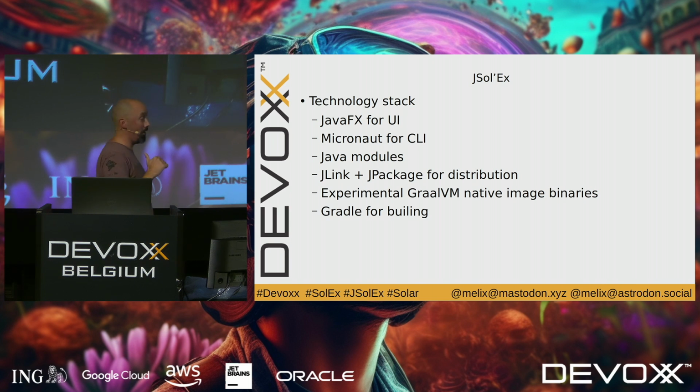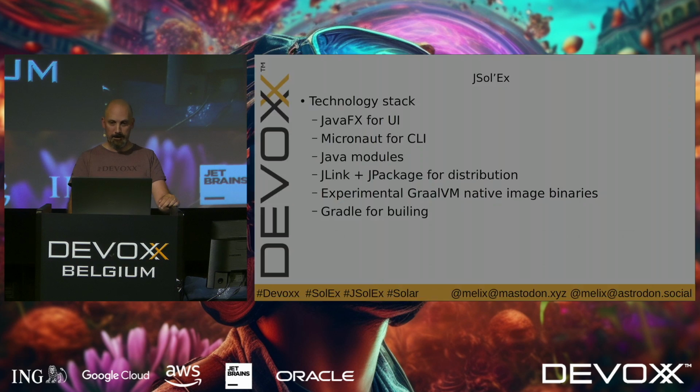I wanted to use Java modules, so modularity. JLink and JPackage are really nice for packaging your application, optimizing it, and shipping it to the user. The 50 megabytes is the result of JPackage. There is experimental support for building native images of the applications. And of course, I use Gradle for building.